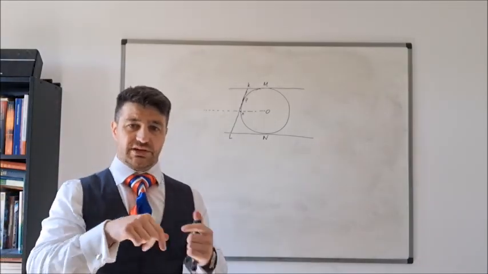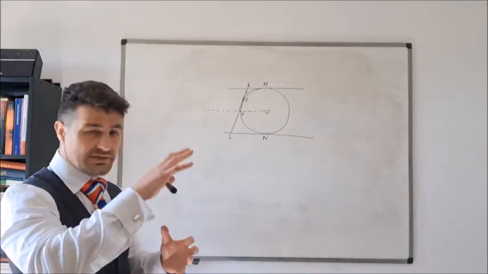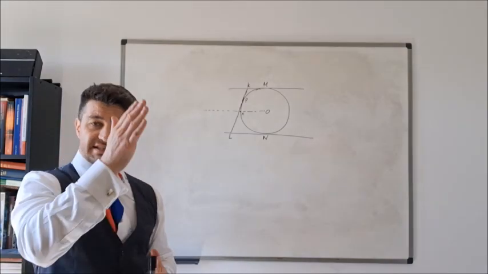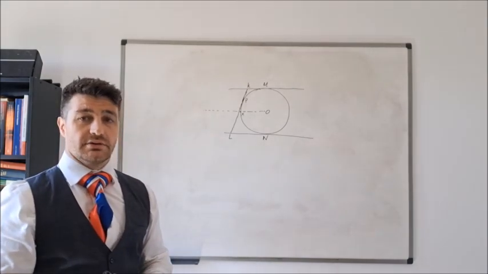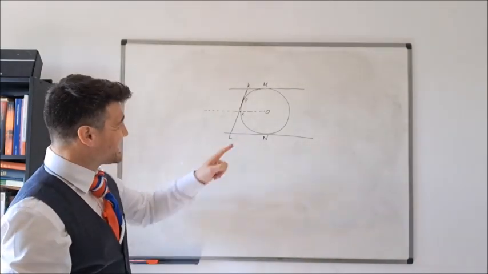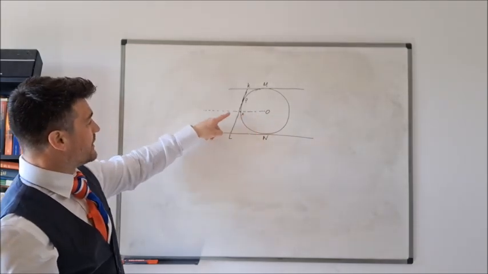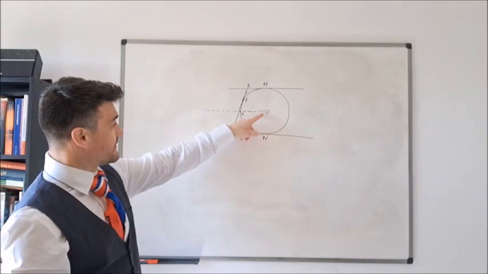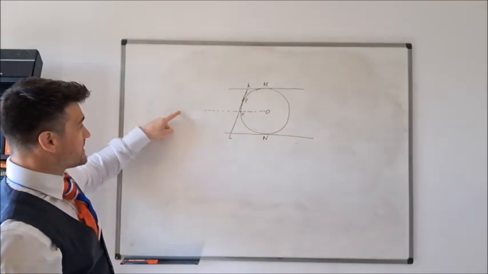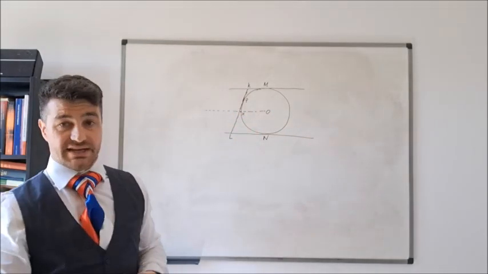But remember what I said when I was talking about a family of circles being tangent to each other? Their centers need to lie on a straight line. Well, I claim that the centers will all lie on this line that I've drawn, so this line from O through X and parallel to each of these tangents.